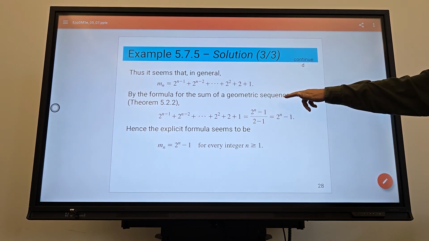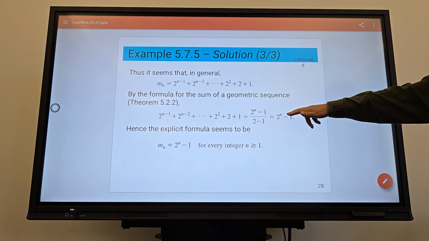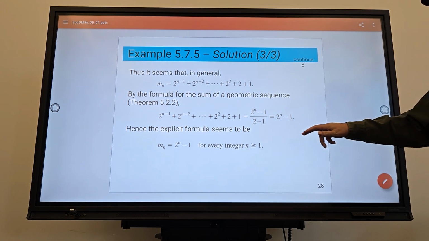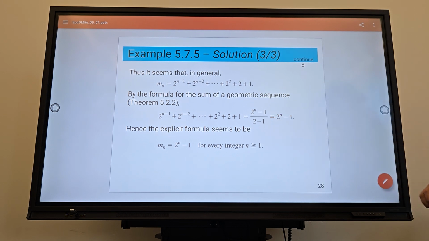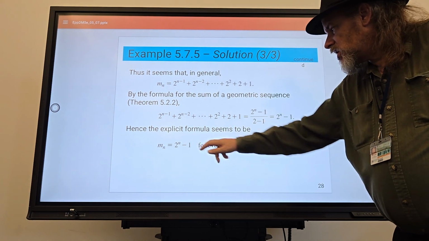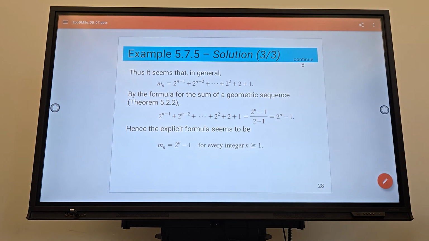And the formula for the sum of the geometric sequence would be this here, and the explicit formula would seem to be m sub n equals 2 to the n minus 1.